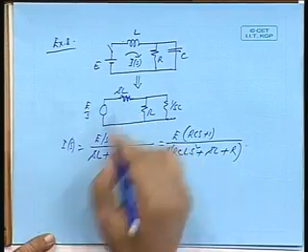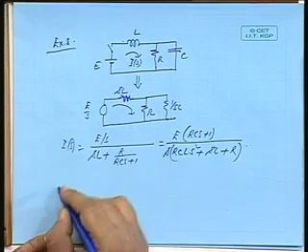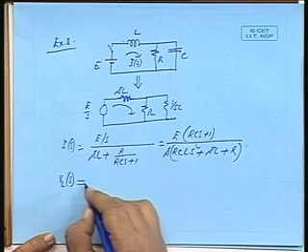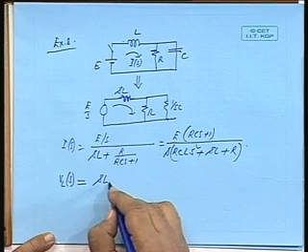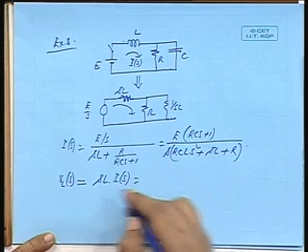What will be the voltage across the inductor? It will be SL times IS, is it not? So, S will get cancelled.